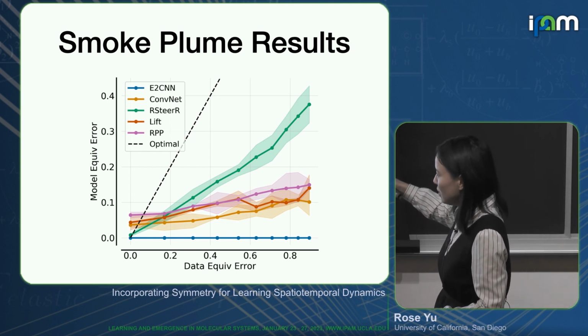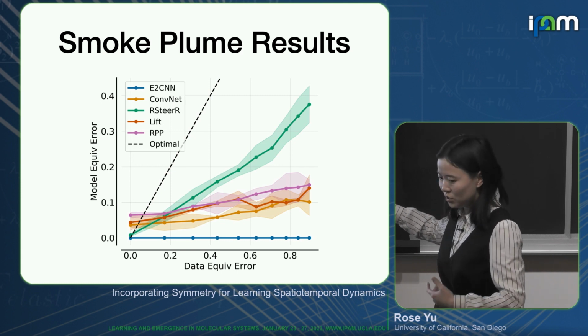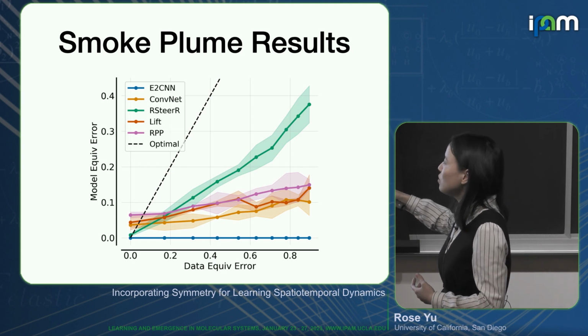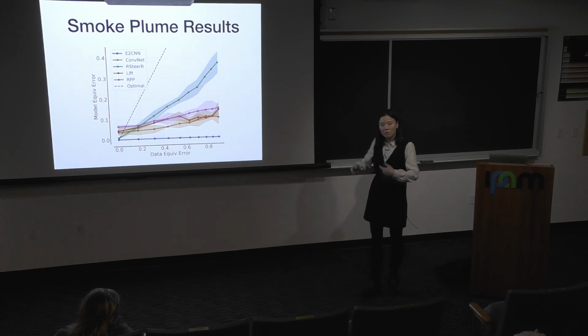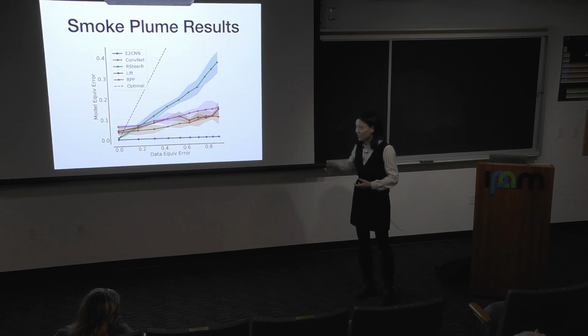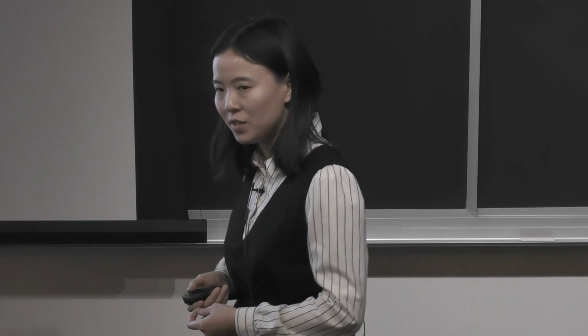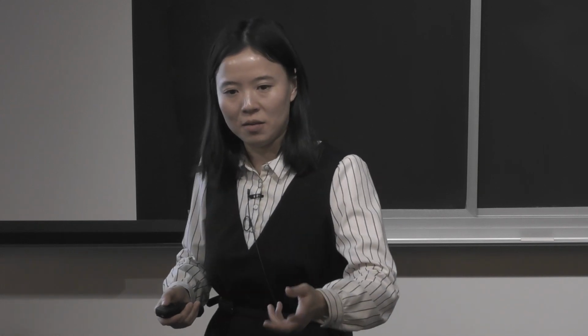Our steerable CNN reflects how much symmetry we have in the data. The optimum is obviously a diagonal line, so we still have quite a lot of work to do to bring this green line to the dashed line. The model is not recovering exactly the amount of symmetry we want, which is probably related to how we solve the equation, as Max mentioned.